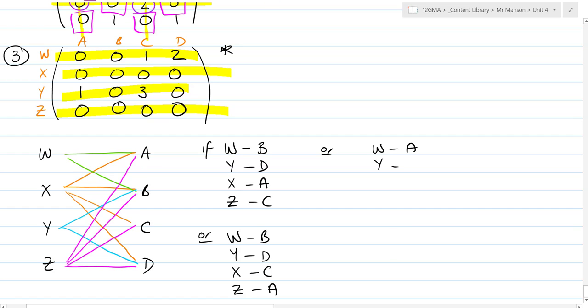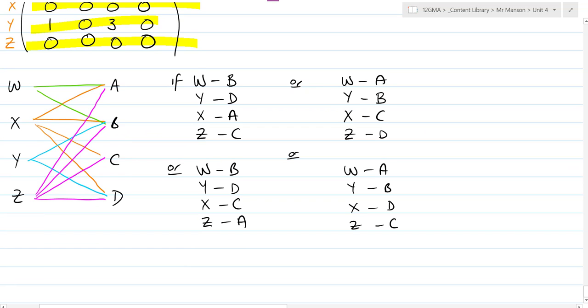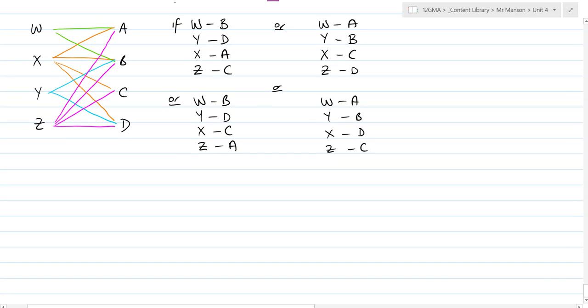So let Y be B. And if Y is B, then Z and X have to be C or D. They can both be C and they can both be D. So I get W is A, Y is B, X is C, Z is D, or X is D, my apologies, Z is C. So there are multiple options for the minimum here, which makes this one a little bit more confusing.